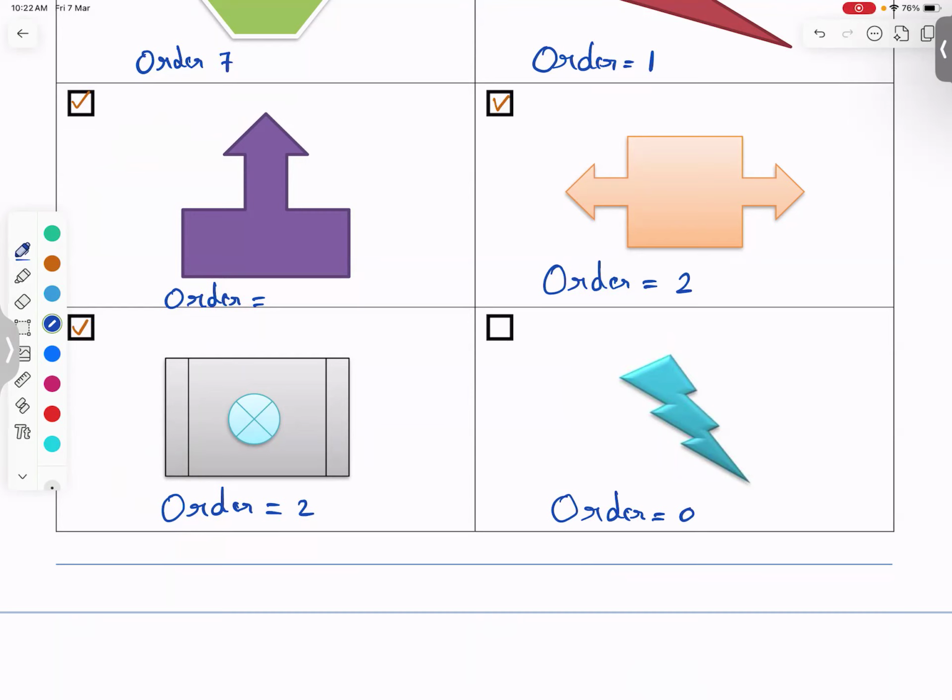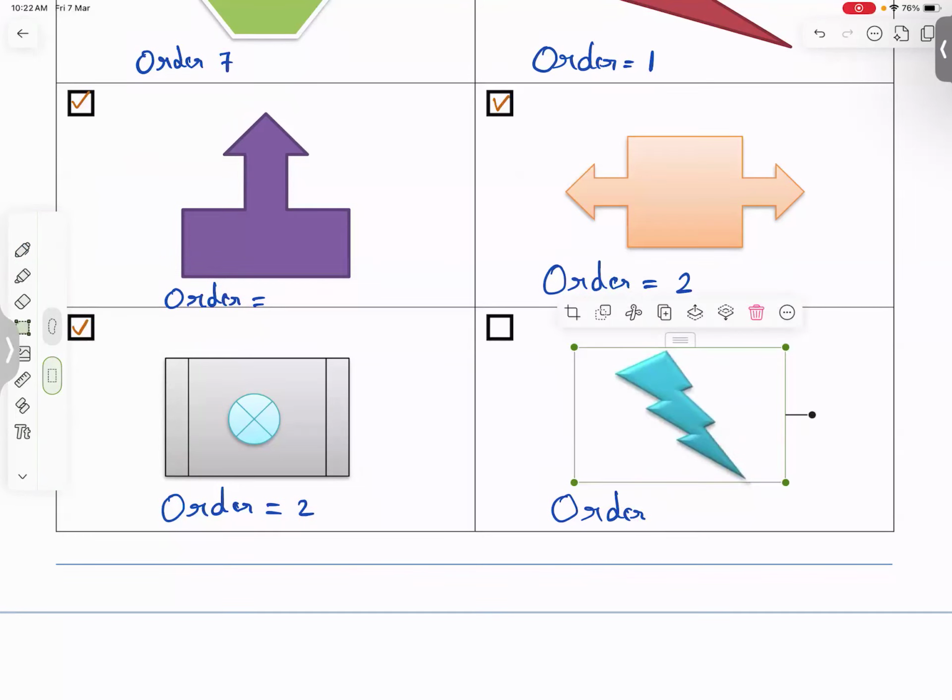But actually, every diagram can be rotated back to itself after a rotation of 360. Again, this one. So we can say that the order of rotation symmetry is one.